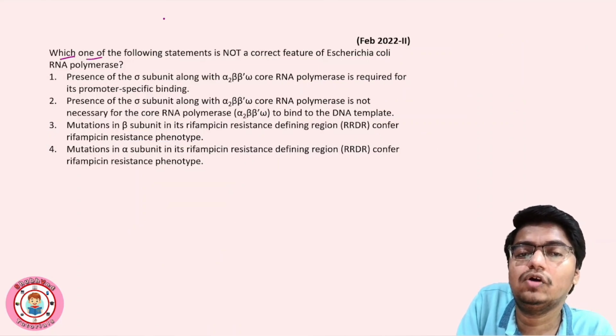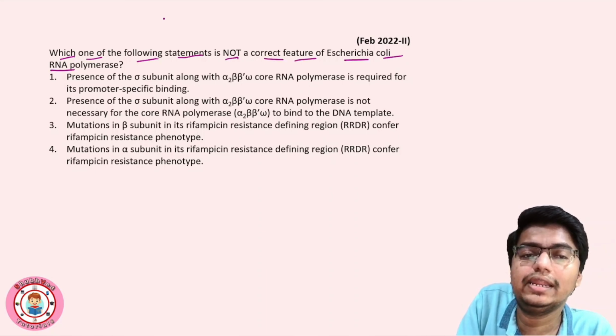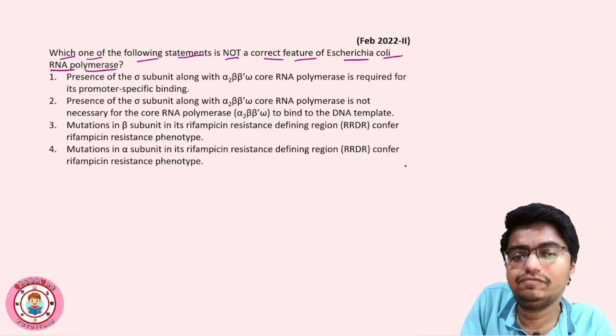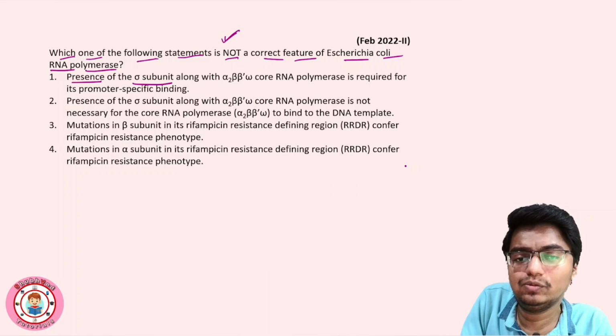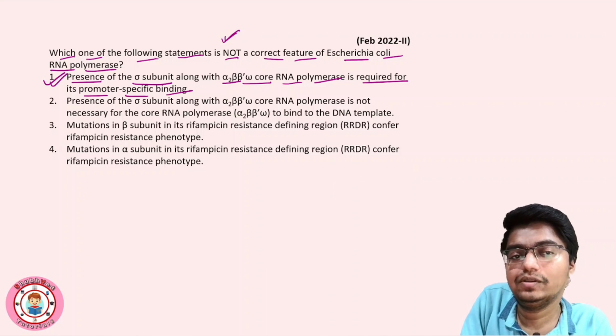Which one of the following statements is not a correct feature of Escherichia coli RNA polymerase? So again, not a correct feature. First option, presence of sigma subunit along with alpha 2 beta beta dash omega core RNA polymerase is required for promoter specific binding. करेक्ट है, करेक्ट है.